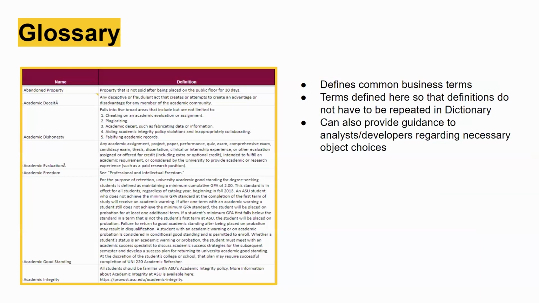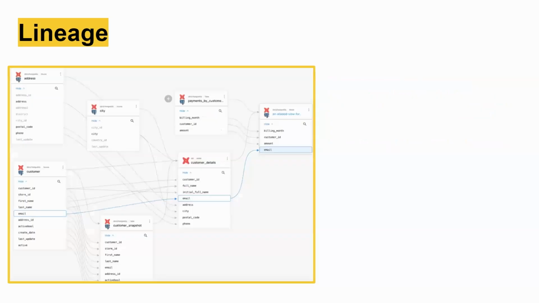If I know that there's a specific shorthand version of EDW, for example, I do not want to have to write in every single data dictionary definition what that term is. So the business glossary enables us to have one source of truth for those business terms. It can also provide guidance to our analysts and developers for necessary objects of choice.